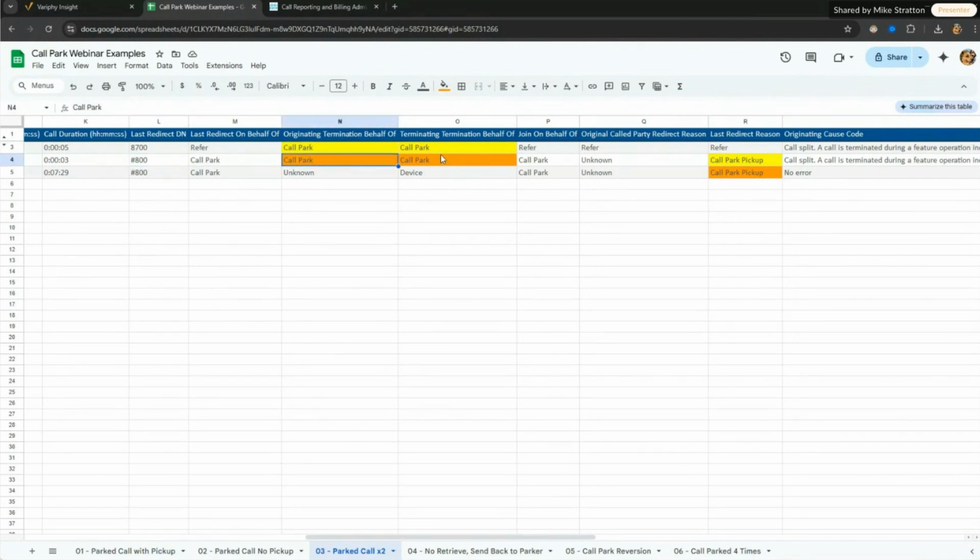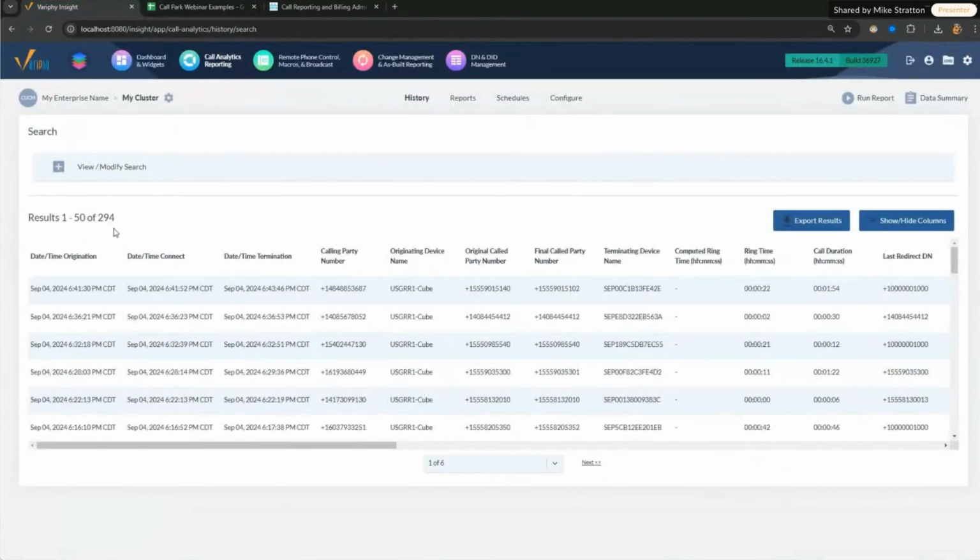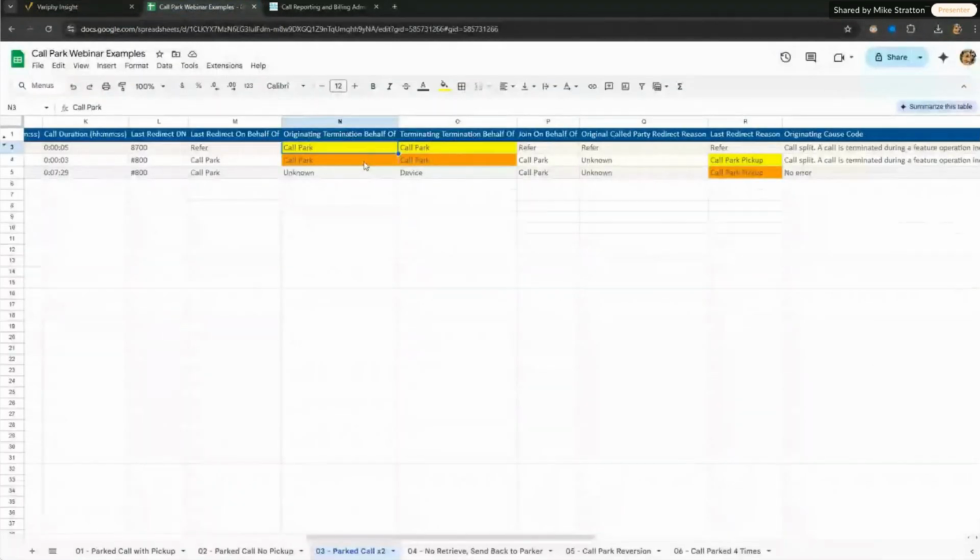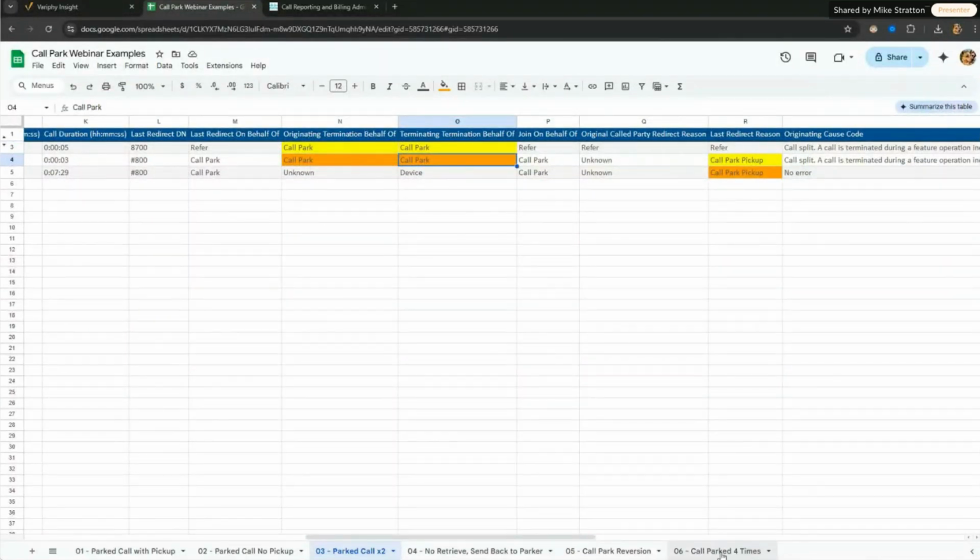Who are you waiting for?" Whatever the reason, they retrieve the call and then put it back on hold. So just a simple report looking at call park, like I did here, going back to my search. There are 294 records that were parked, but how many of those records were the second park or the third park? Down here, I have a record that was parked 4 times.